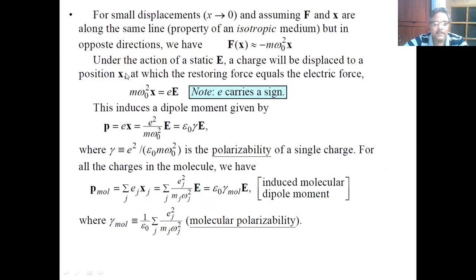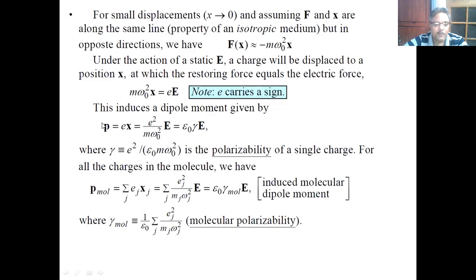Under the action of a static electric field, a charge will be displaced to a position x at which the restoring force equals the electric force. In that case, we can equate this force to the electric force eE.